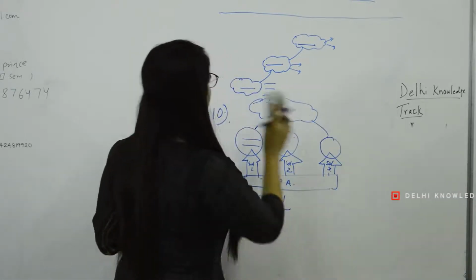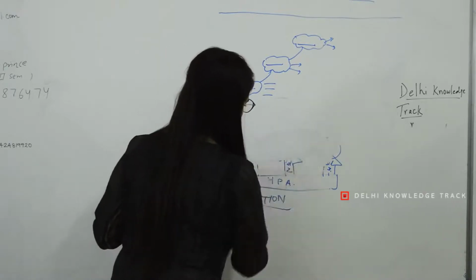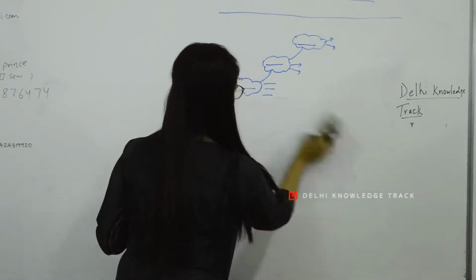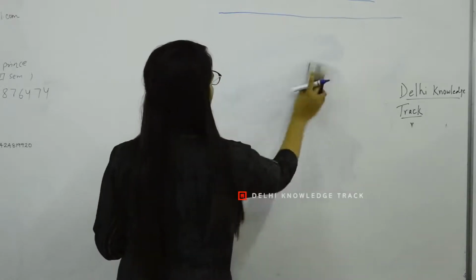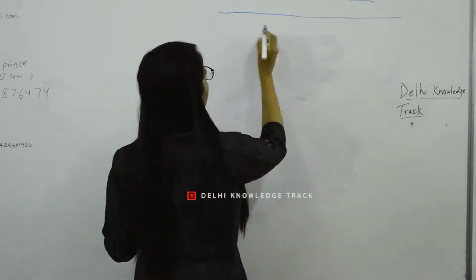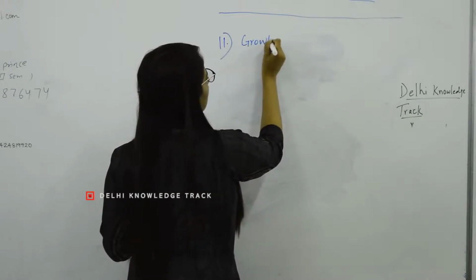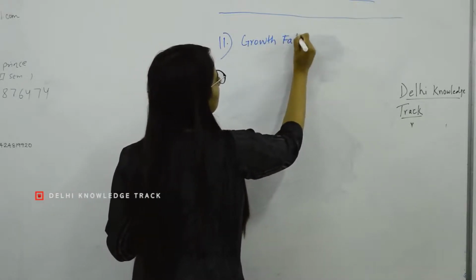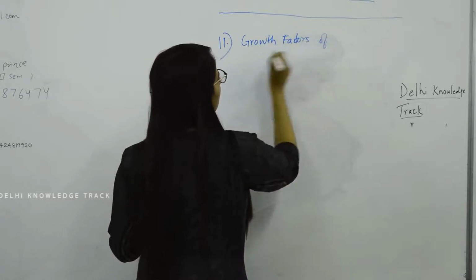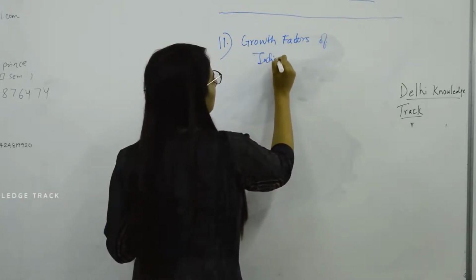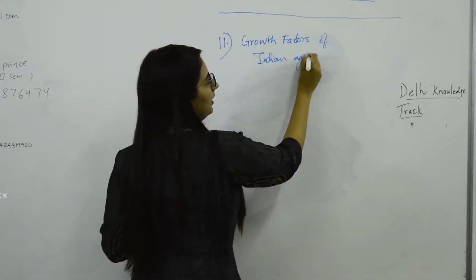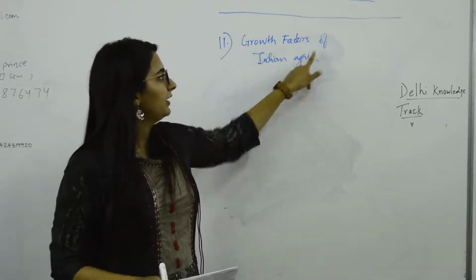Finally, the 11th one. Suppose I have to write about the growth factors of Indian agriculture. We have to write about growth factors of Indian agriculture.